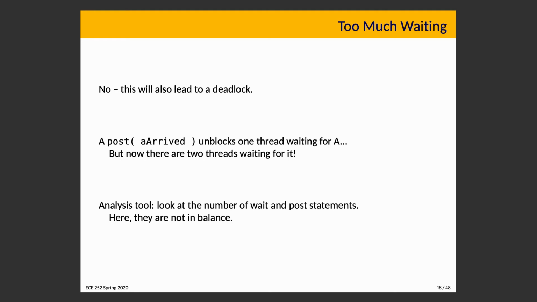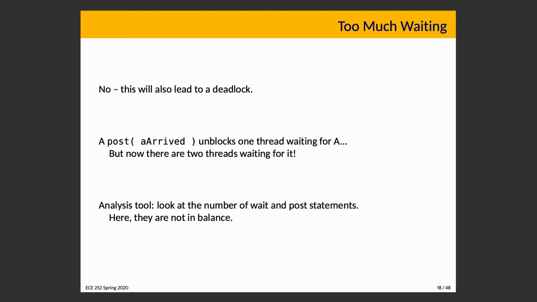When you are looking at a solution, you should look at the number of wait and post statements. And part of your argument for whether a solution works or not could revolve around whether or not this number is in balance. That is, if there are many more wait statements than there are post statements, that's concerning because it probably means that there aren't enough post statements and we might have a deadlock, as we have here.